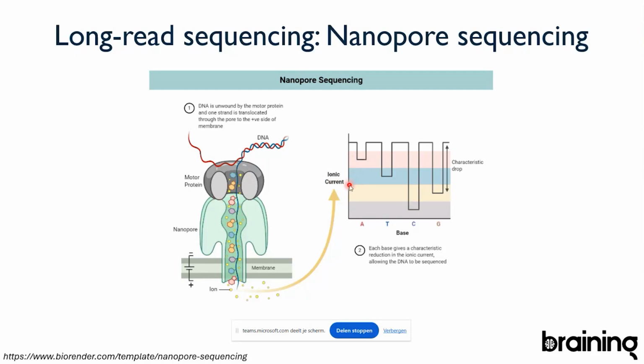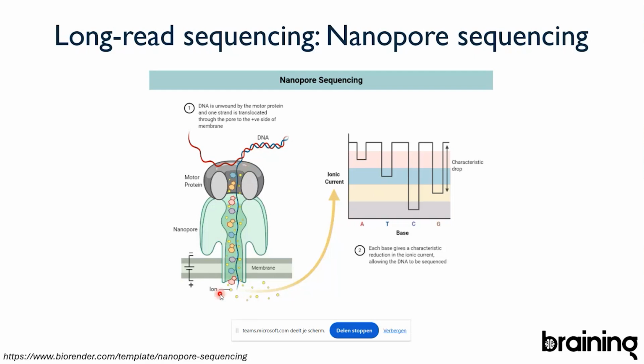And so basically your readout is an electrical signal that fluctuates depending on what bases are at the mouth of the pore. And then you have an algorithm that is able to interpret those electrical signals and convert them to a sequence. So in essence, you have a motor protein that pushes your DNA strand through the pore.